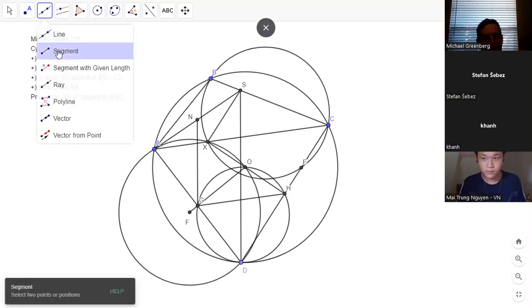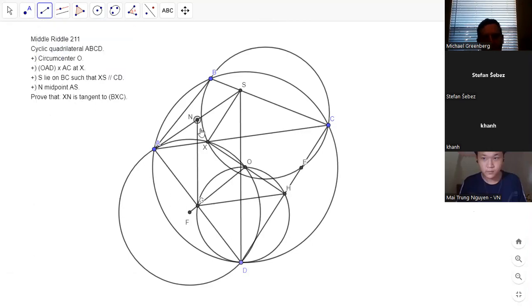What if we draw the parallel to NX through S to try to use that midpoint?